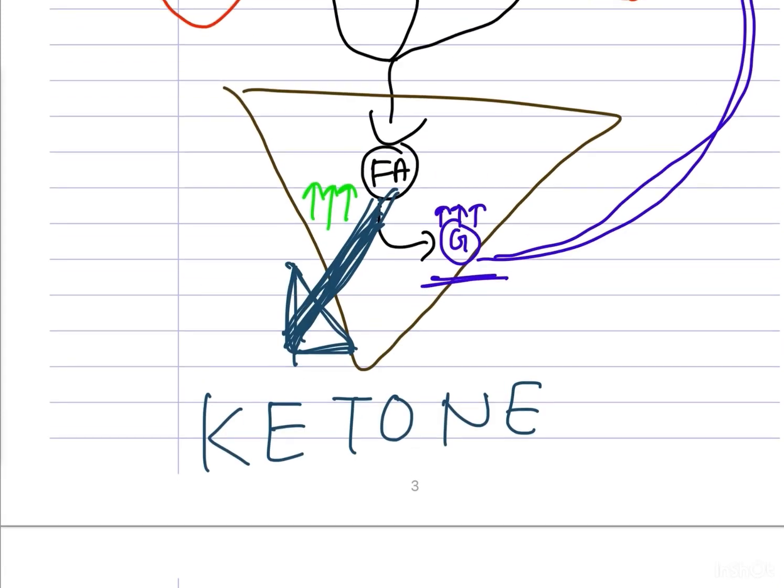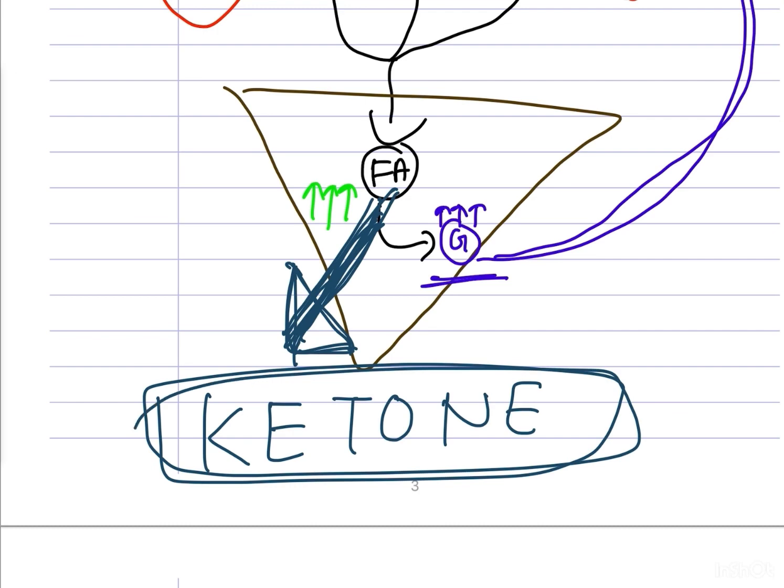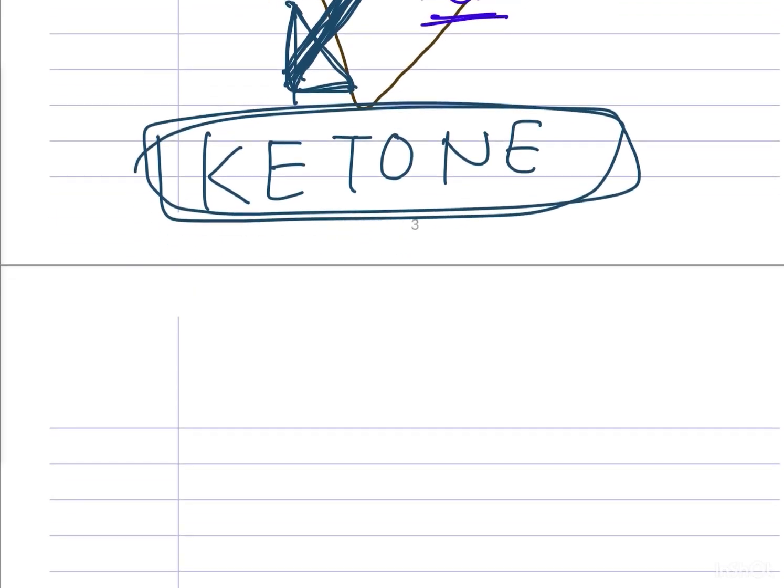Initially there will be a high production rate of glucose, but once the threshold is reached, it will be converted into ketones. Ketones have three examples: acetone is most common, and acetoacetate and beta hydroxybutyrate. This ketone is acidic in nature because it will donate H plus ion.